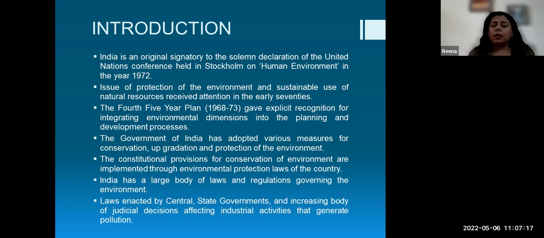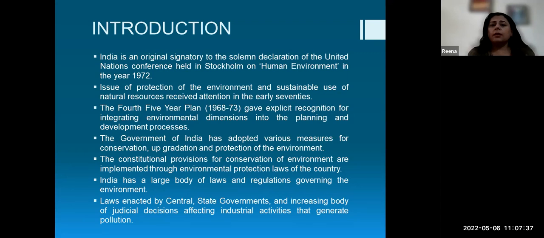So basically, it started like this: India was an original signatory. Last time also we discussed why policy making came into the picture in India and why India is recognizing the importance of environment acts and rules under its various constitutional provisions.